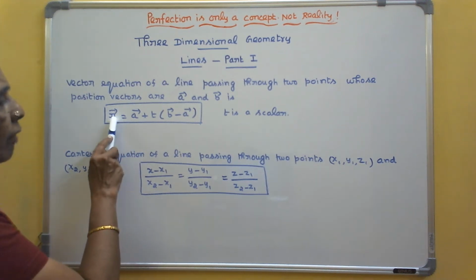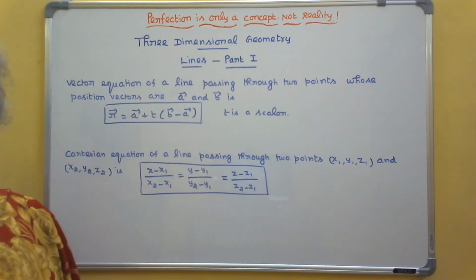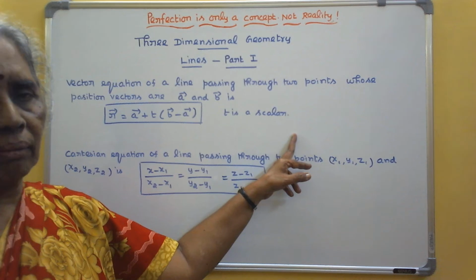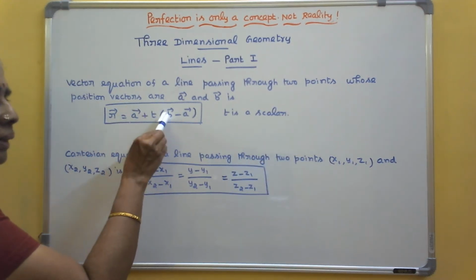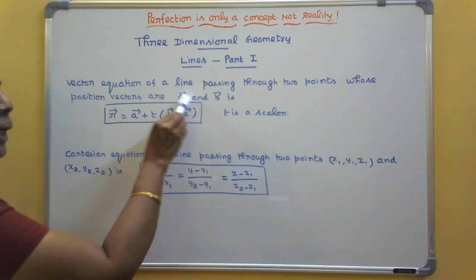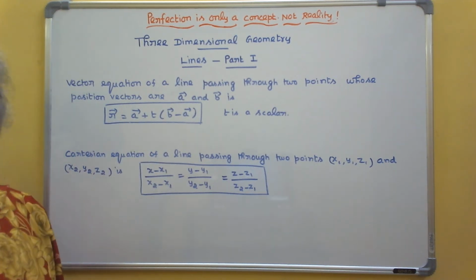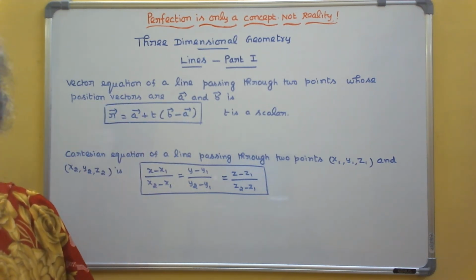That is, R vector is equal to a vector plus t into (b vector minus a vector). Here t is a scalar. Actually here this part is a point. This will become the direction ratios. Separately both are points. But when you do b vector minus a vector, that becomes the direction ratios. Okay.